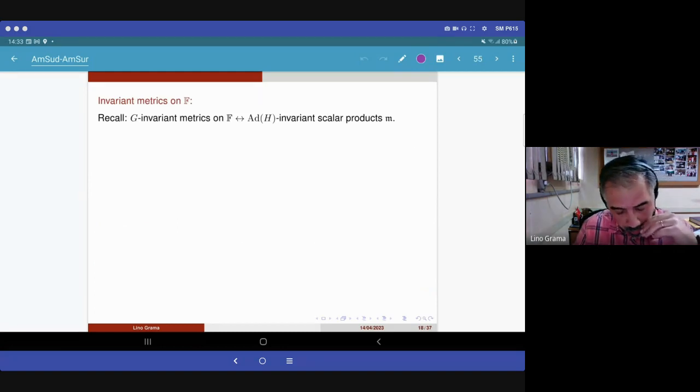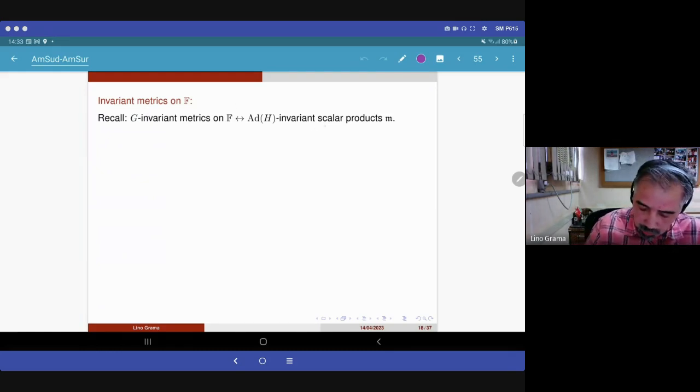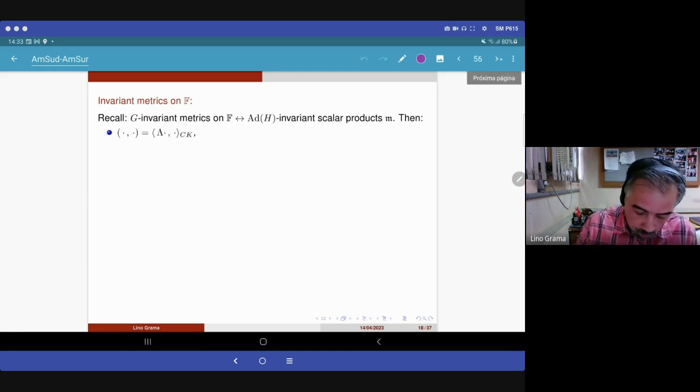Now we can describe the set of invariant metrics on a flag manifold. Recall, a G-invariant metric is just a scalar product invariant with respect to this representation. We have this.